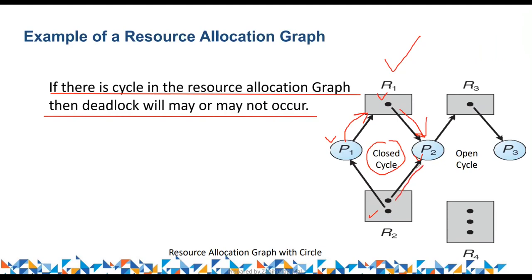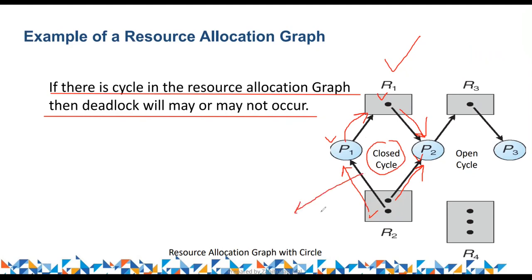One instance is assigned to P1 and another instance is assigned to P2. Dear students, because of this hold and wait, because P1 is waiting for R1, the cycle is closed.